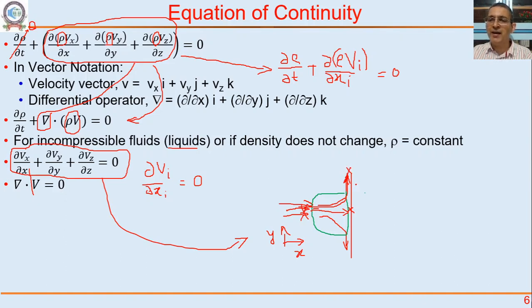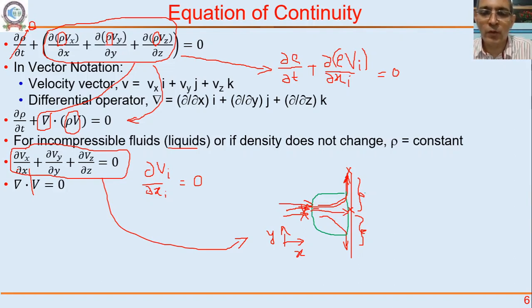So Vy is changing in the y direction. That is the meaning of this. Whatever is the change in the x direction, velocity change in the x direction, which means the fluid will turn, either it will go in the y direction leading to an increase in velocity in the y direction with respect to y, or an increase in velocity in the z direction with respect to z. Right?